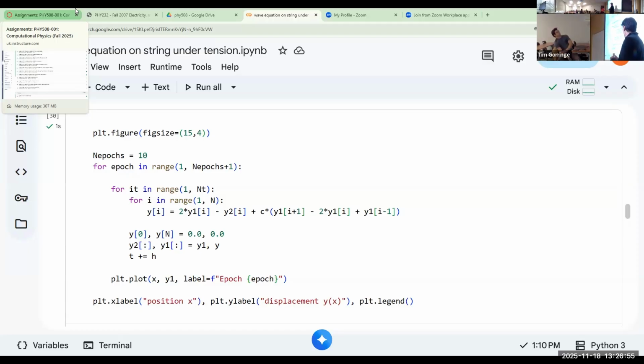And I'm going to go forward 10 of them. So now I'm going to go forward 10 seconds, and every second of the 10 seconds, I'm going to plot the wave on the string. And every 10 milliseconds, I'm going to be calculating the updated position of the wave on the string. So these are three nested loops here.